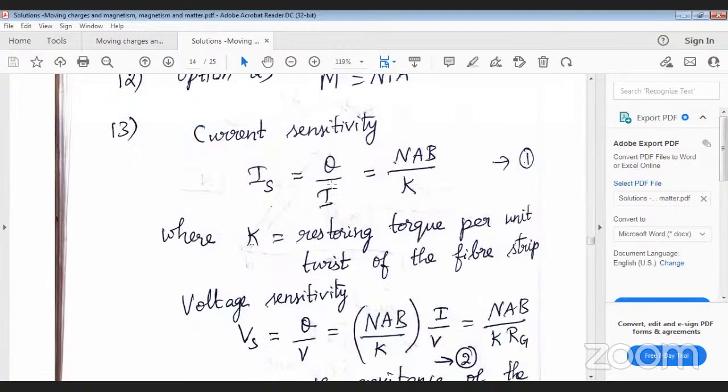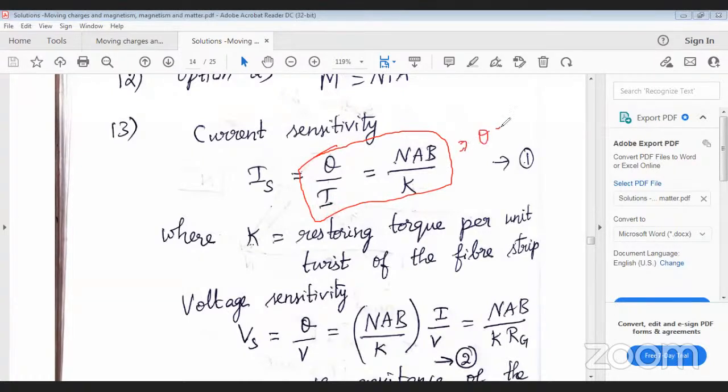So why are we writing like this? Here you see, this theta is nothing but, from this equation, you can find theta.